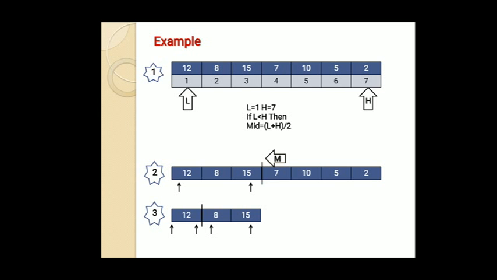Taking the complete thing, we are supposed to apply the same thing recursively. So we have to divide the complete given array, that is of 7 elements, until we get individual elements.